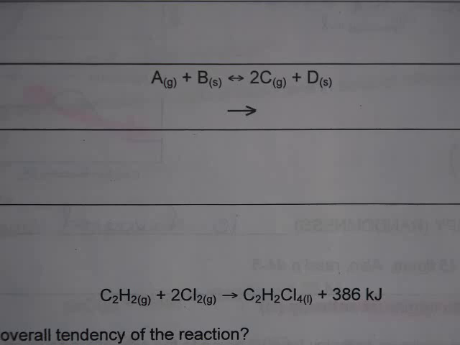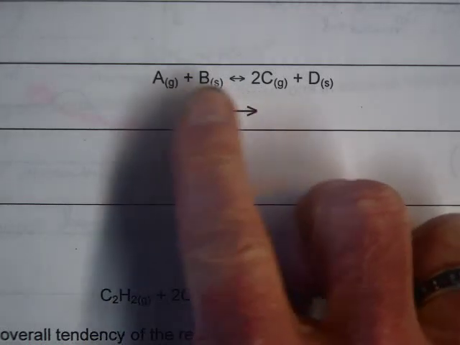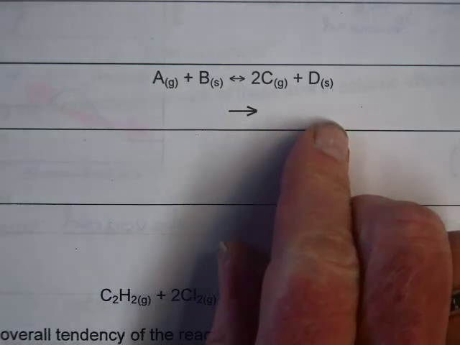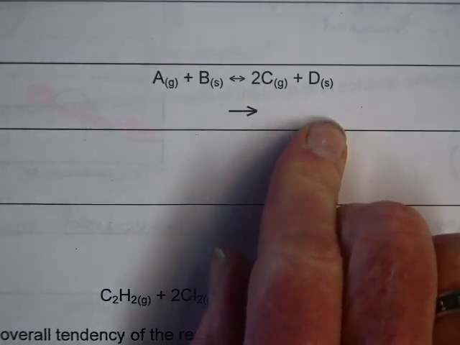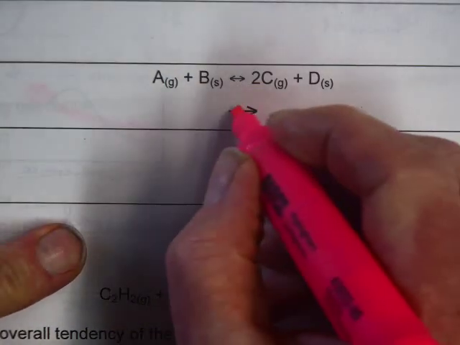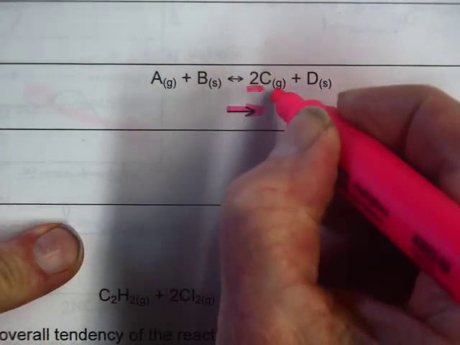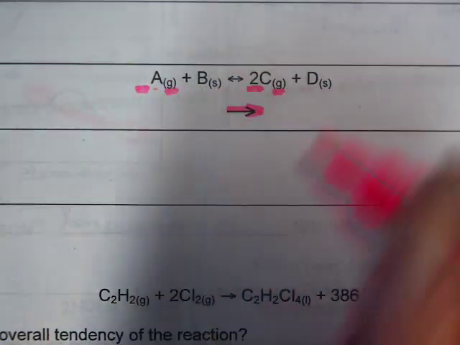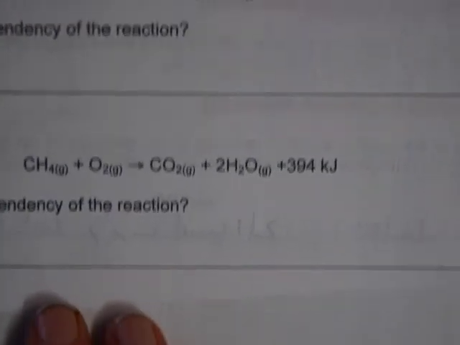You've got 2 moles of gas on this side and 1 mole of gas on this side. This is the more random or the greatest degree of entropy. So that's why it's going in this direction. Let's look at the next one.